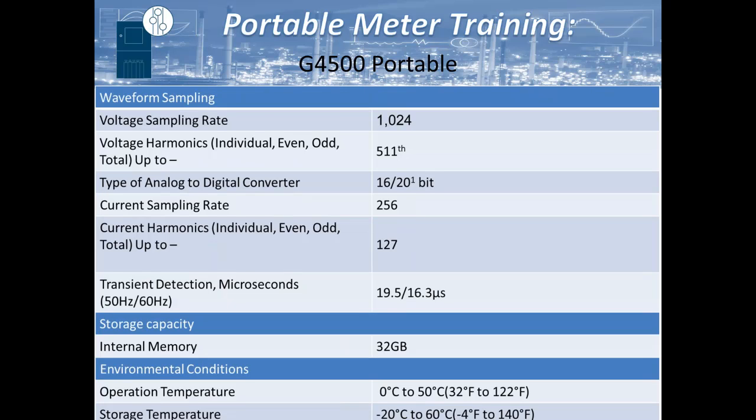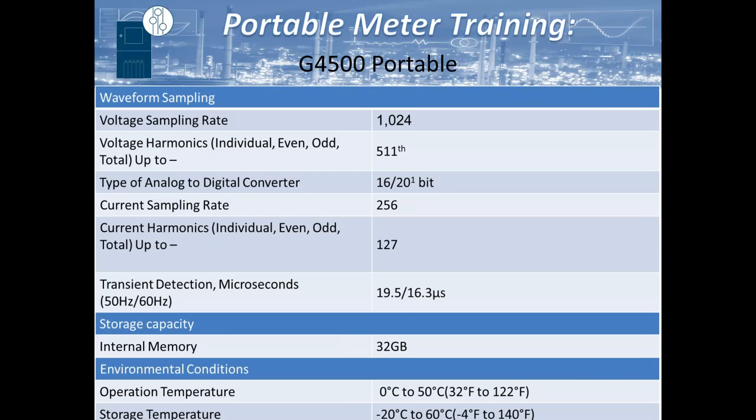Unlike the Pure, the sampling rate on the 4500 goes up to 1024 samples per cycle. The current sampling rate is 256 samples per cycle, and the internal memory is right around 32 gigabytes.